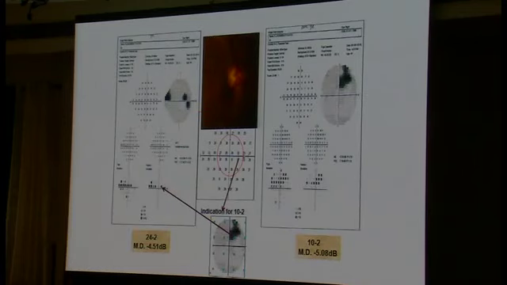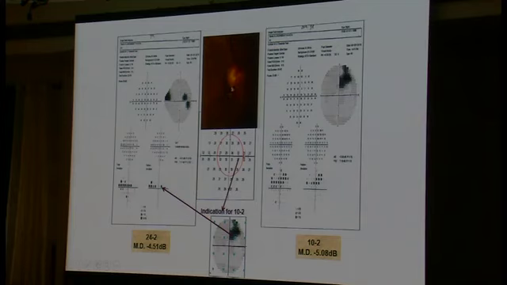You see, this is a patient with a definite nerve fiber layer defect, and you are seeing a nasal step and a black dot in the 9-degree circle, with a mean deviation of -4. And see, I told you how important the clinical examination is.